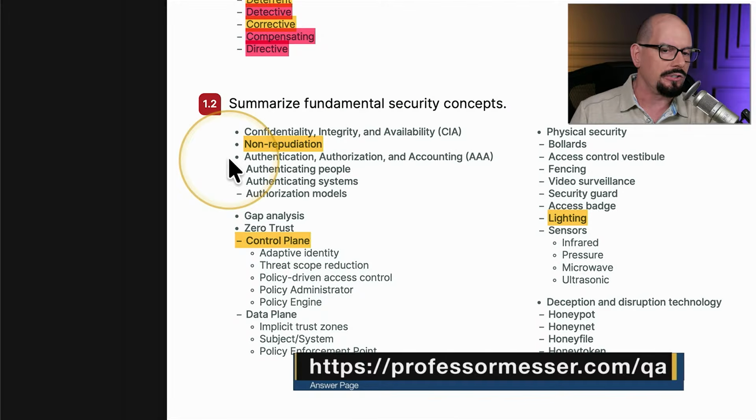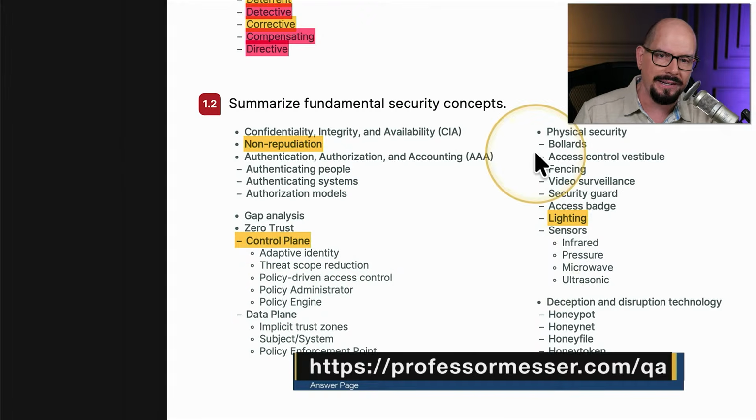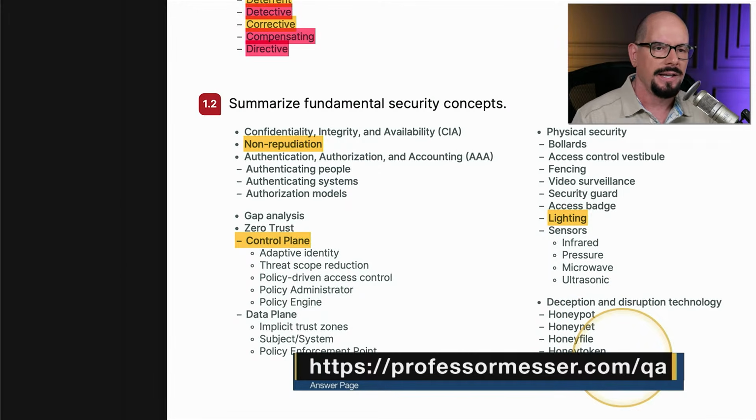Non-repudiation, you need to understand AAA, which is authentication, authorization, and accounting. You need to know gap analysis, zero trust, control plane, data plane, physical security, including bollards, access control vestibules, fencing, video surveillance, security guard, access badge, lighting, sensors, and deception and disruption technology, especially honeypots, honeynets, honey files, and honey tokens. That is one section of multiple sections which have multiple domains associated with them.